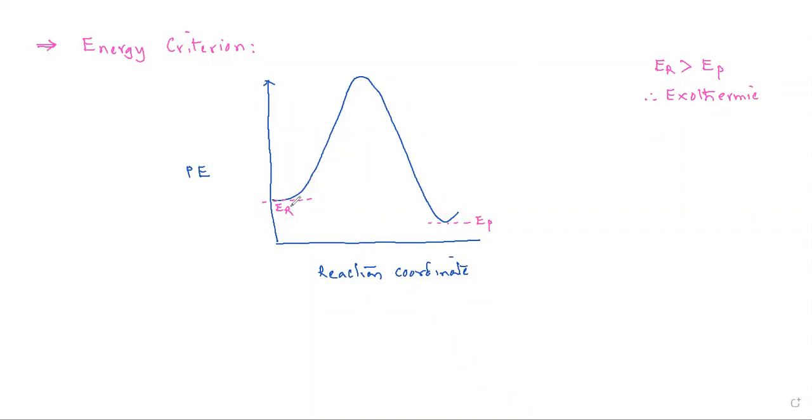Now, see, the reactants actually have to cross over this energy barrier placed between the reactants and products. In fact, this energy barrier determines the threshold energy, the minimum energy required to be possessed by the reactant molecules for their collision to lead to the formation of products.